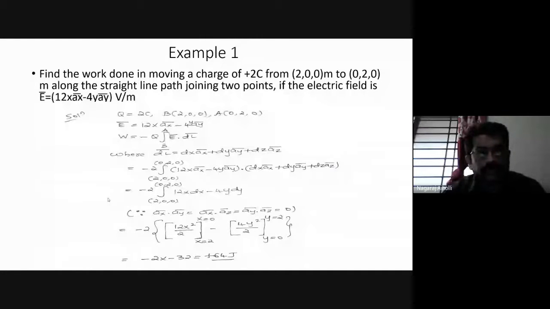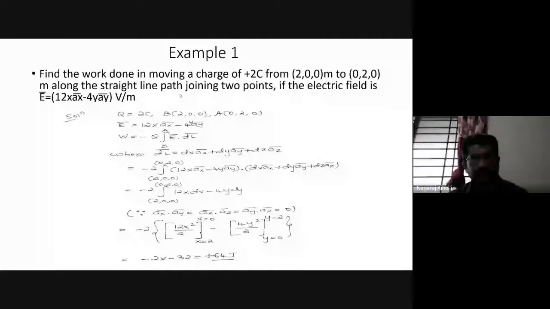Read the statement. We have to find the work done, how much work is done in moving the charge of plus 2 coulomb. The charge given is plus 2 coulomb. We want to move this charge from the coordinate 2, 0, 0 meter to 0, 2, 0 meter along the straight line path joining these two coordinates.